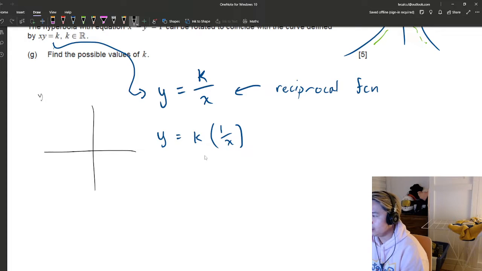Normally y equals 1 over x is going to be this function right here, and then our hyperbola looks like this.